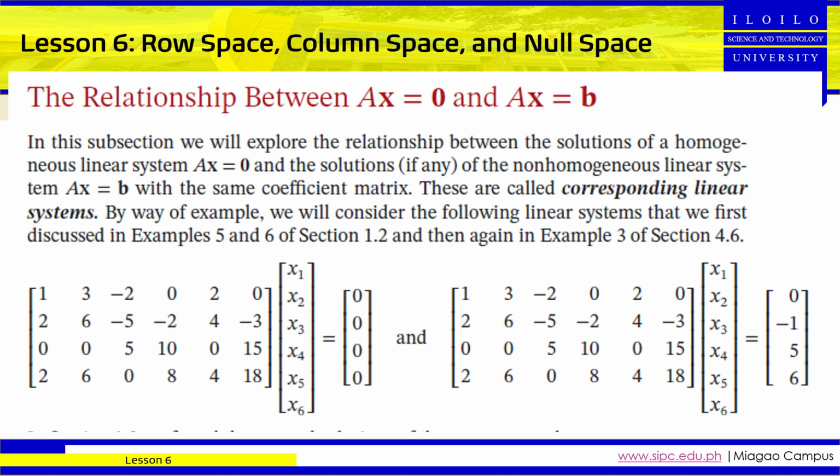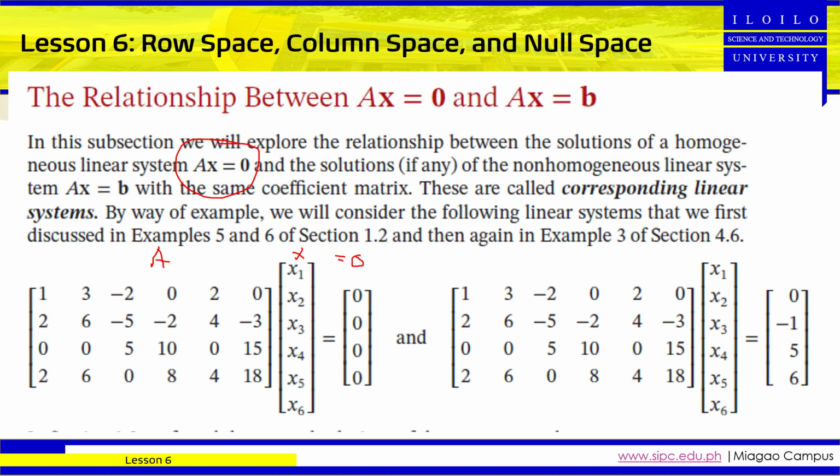So we have here the following matrices, which you could say are the representations of the homogeneous linear system and the non-homogeneous linear system. You could see that this is A, and this is x, and this is equal to 0, in the equation of the solutions of a homogeneous linear system, wherein Ax = 0.